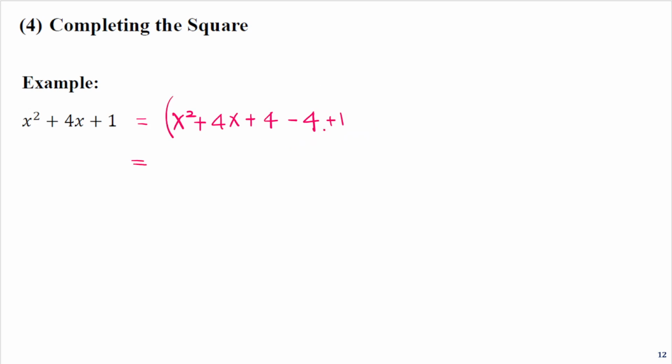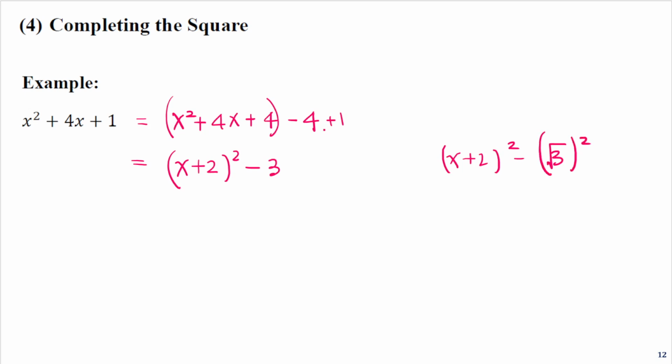And then we can use a formula to help us factorize the first three terms, which is x plus 2 squared, right? And negative 4 plus 1 will give us negative 3, right? And this is actually x plus 2 squared minus the square root of 3 squared, right?